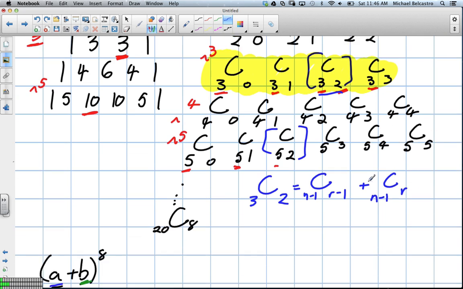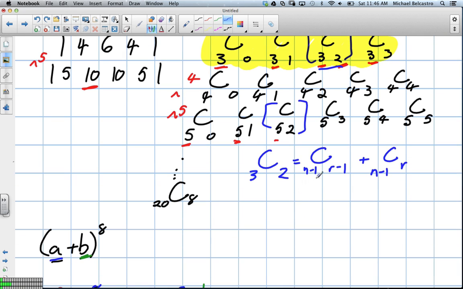Okay, let's see if we can actually calculate those values and make sense of what they're trying to ask us. Well, n minus 1, that's 3 minus 1, right? So we know both of these are going to be 2 combination something. The first one is r minus 1, so combination 1. And the second one is identical to r, right? So 2C2. 3C2. What it's saying is if we add these 2 combinations, we will get this third combination.